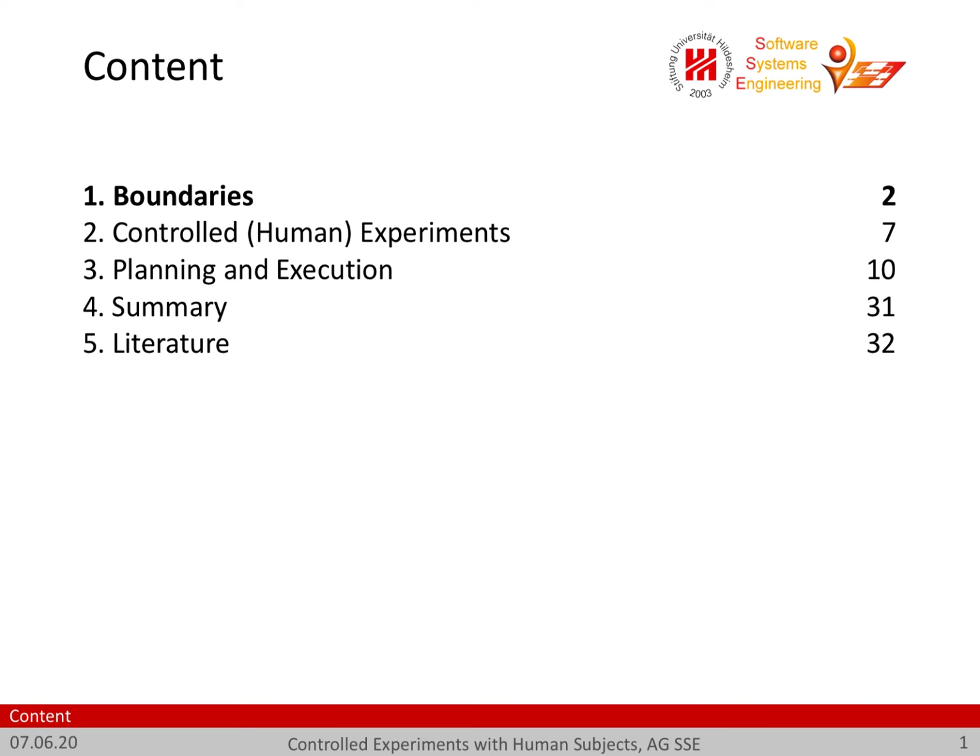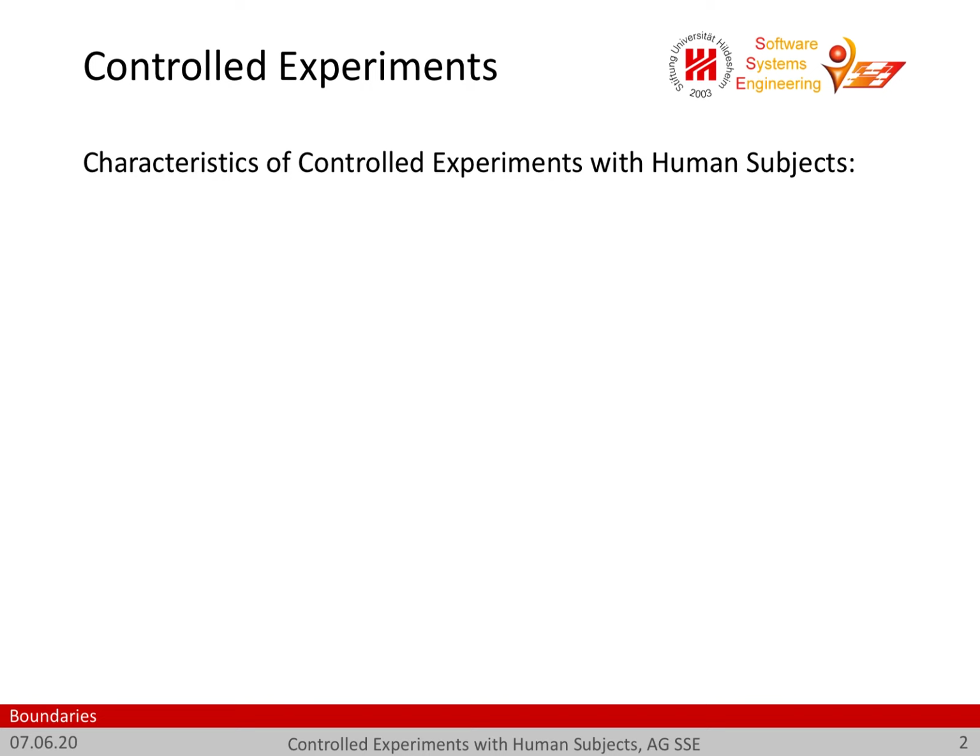Then the major part of the lecture will be on the planning and execution of such controlled experiments, where we also will discuss a longer example as we go. But first, let's start with the boundaries and the overall characteristics of such controlled experiments.